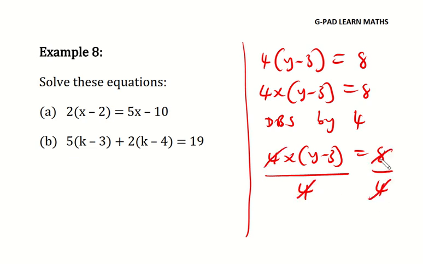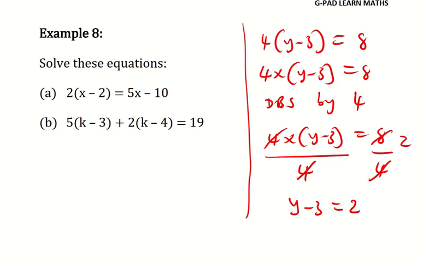Then 4 into 8 is 2. So that gives you y minus 3 is equal to what? 2. All right. And if you solve this, you move minus 3 to the right. So this will become what? 2 plus 3. And then your y will be equal to what? 5.